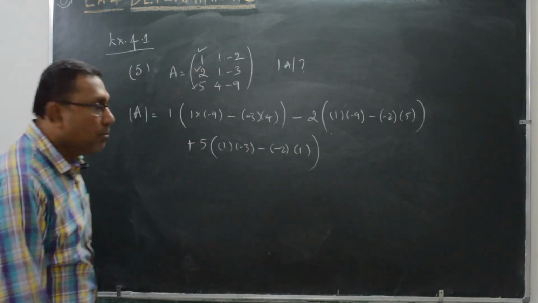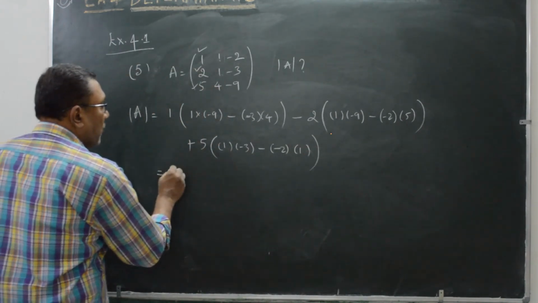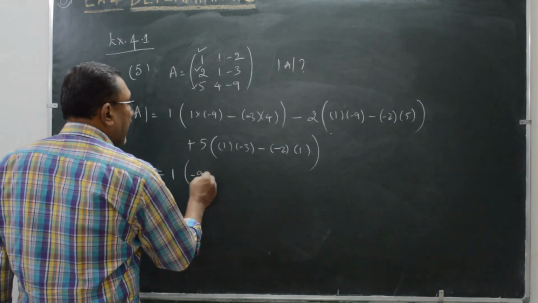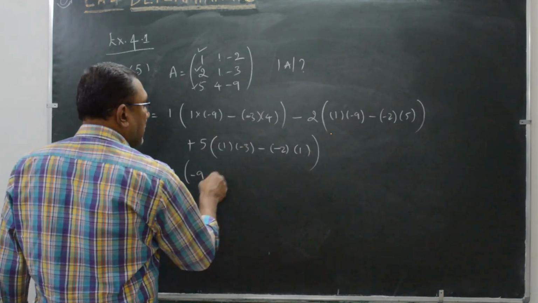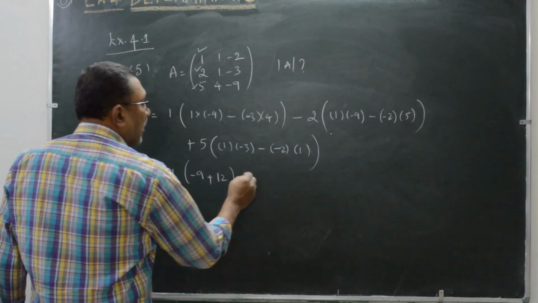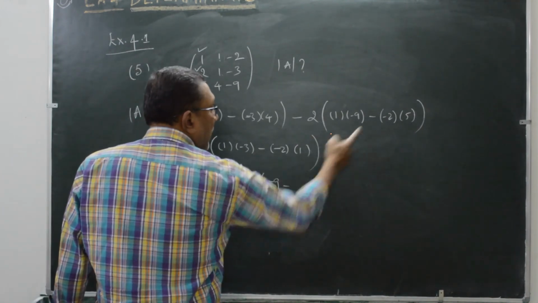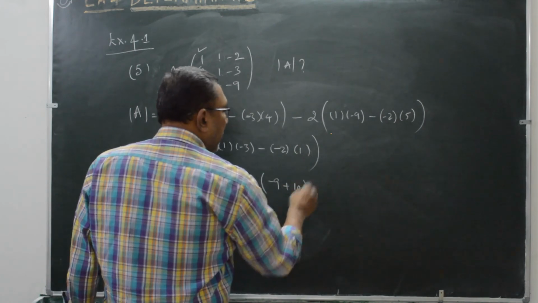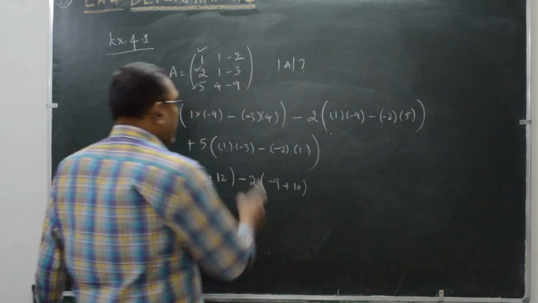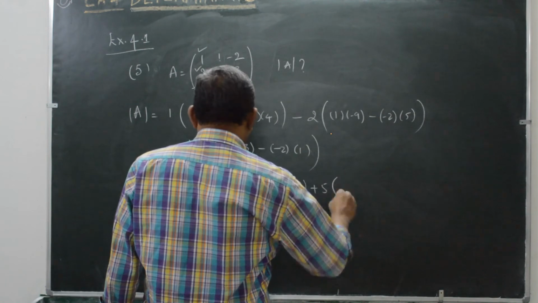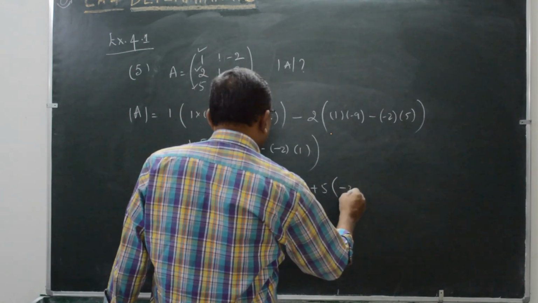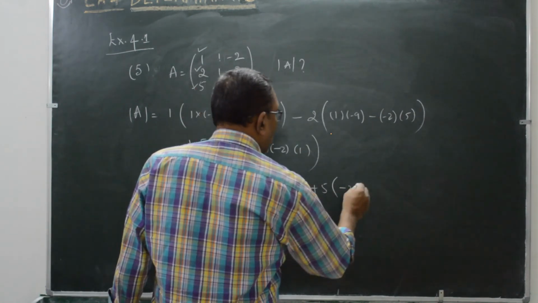Let's simplify this. This is 1 into minus 9, minus into minus is plus 12. Minus 2 into minus 9, minus into minus is plus 10. And here it is plus 5, 1 into minus 3, minus into minus is plus 2.